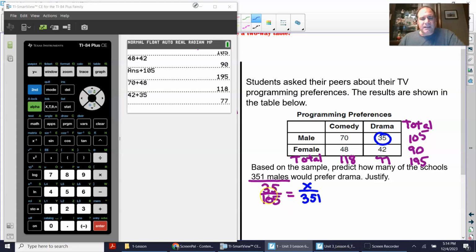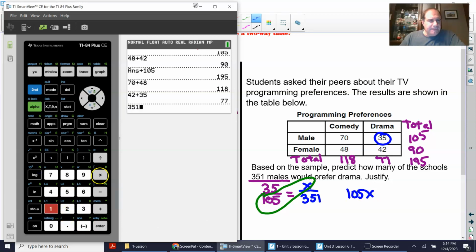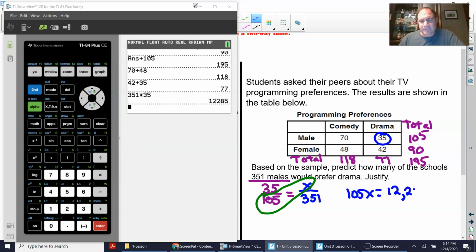Once we set that up, it's that butterfly method: 105 times x, which is 105x, and then 351 times 35 would be 12,285.